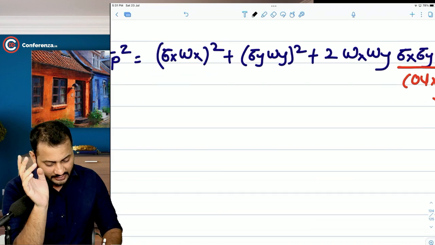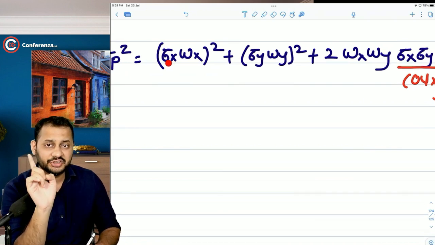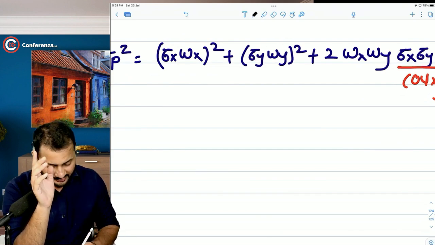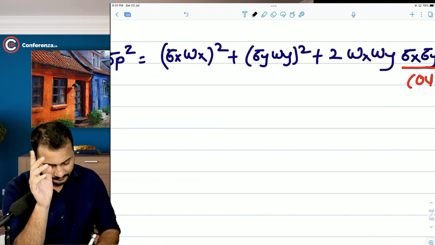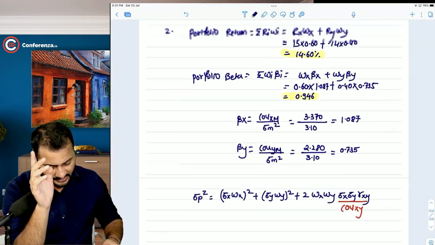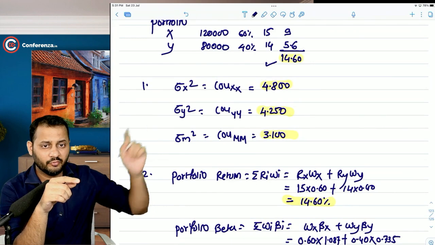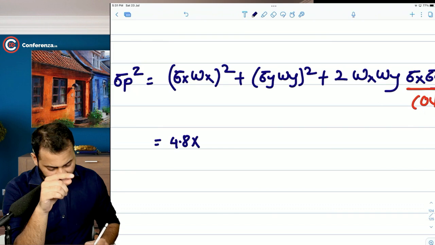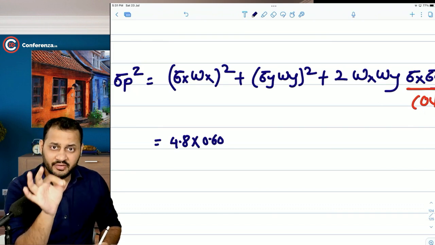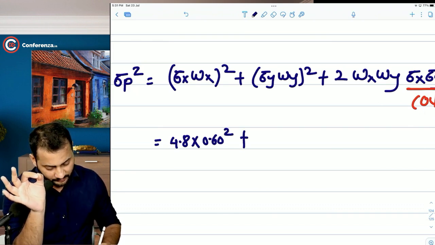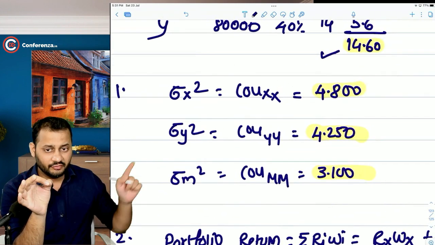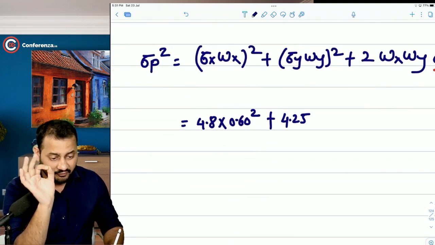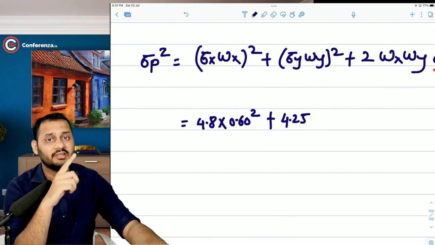Let's write down. See, we already have standard deviation of X square, standard deviation of Y square. So I will write it down like this. Understand? What is the standard deviation of X square? 4.8. So 4.8 into 0.60, the weight of X in the portfolio, square, plus standard deviation of Y square is 4.25. Never make this mistake of squaring this figure again.